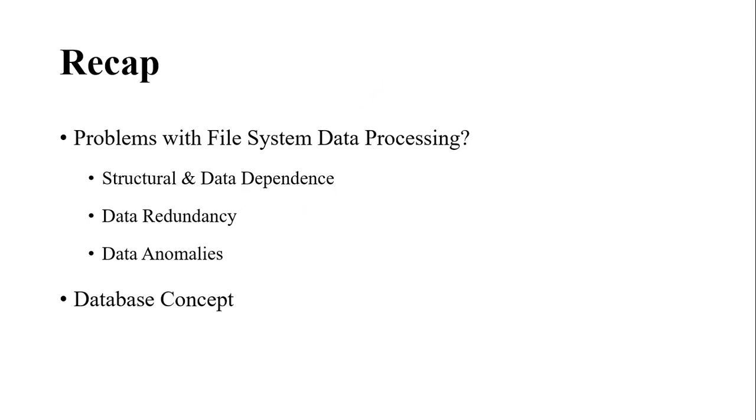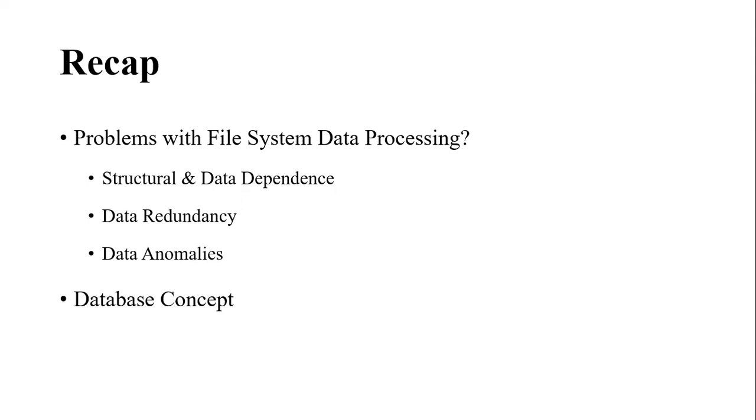Through data redundancy, when we store the same data again and again, it leads to many issues. One of those issues is data anomaly. Data anomalies are when the same data change isn't updated in all the different locations.